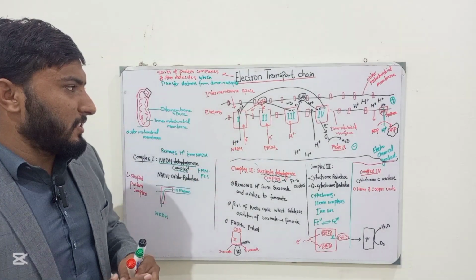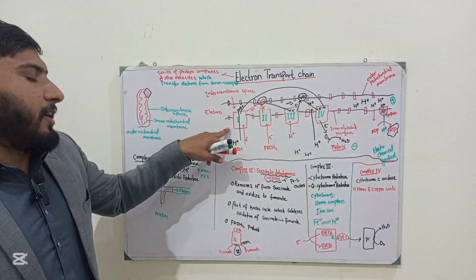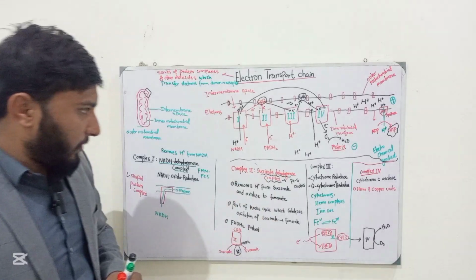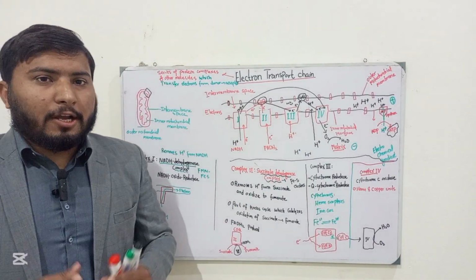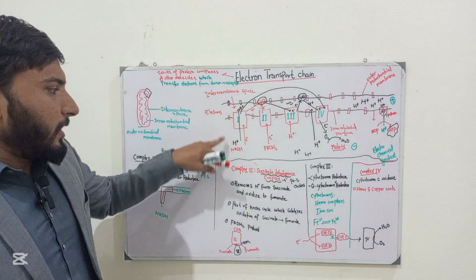Four protein complexes are present on the inner mitochondrial membrane. These are 1, 2, 3 and 4. Now let's discuss the protein complexes one by one. Complex 1.